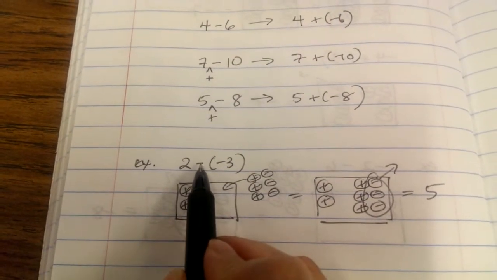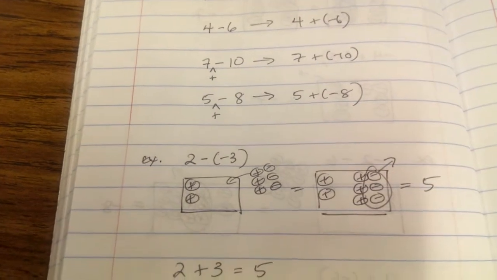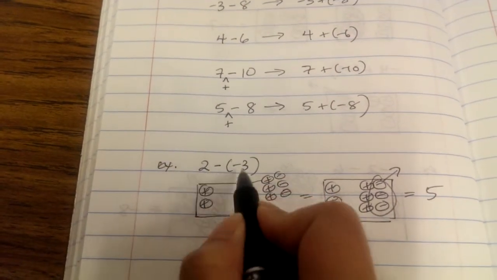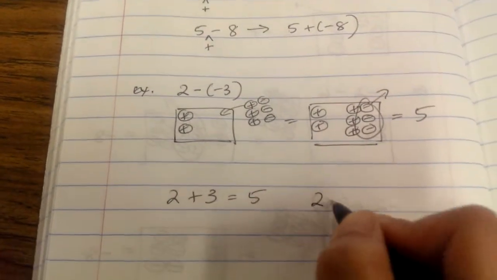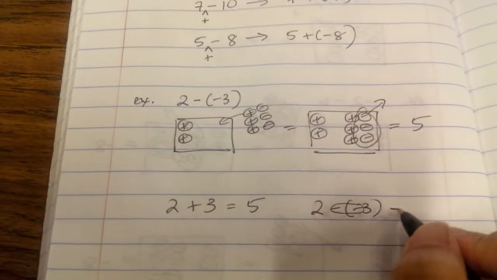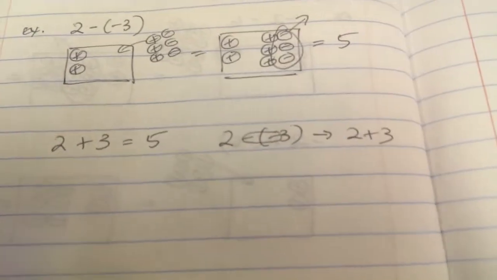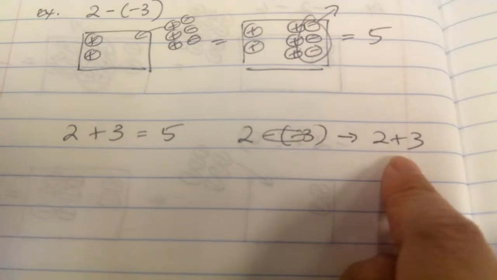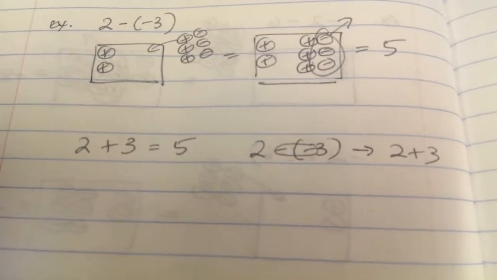Remember, I said yesterday, if the bank is willing to take away debt, they're saying don't worry about paying us back $3. Well, if you don't have to pay them back $3, you end up gaining that $3, right? So 2 minus negative 3 is the same thing as 2 plus 3, because if they say don't worry about paying us back $3, they're basically giving you $3 for free. So then it's the same thing as adding 3 into your account, which is 5. Okay?